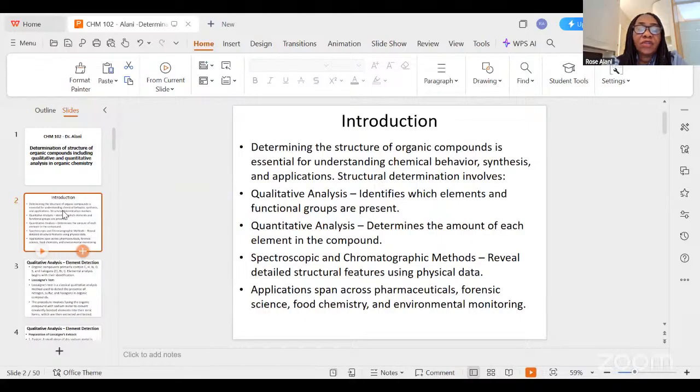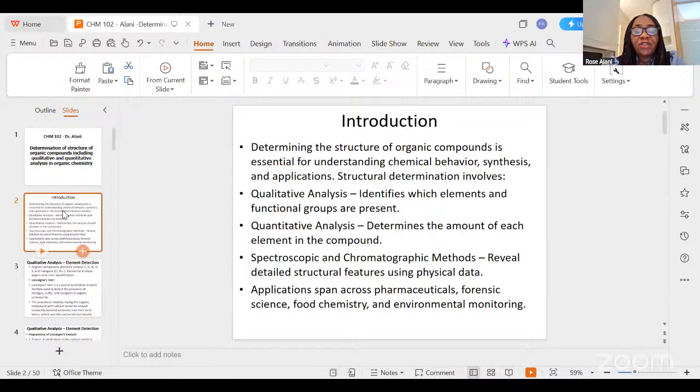This involves qualitative and quantitative analysis. Of course, the qualitative identifies which elements and functional groups are present, while the quantitative determines the exact amount of each element in that compound.